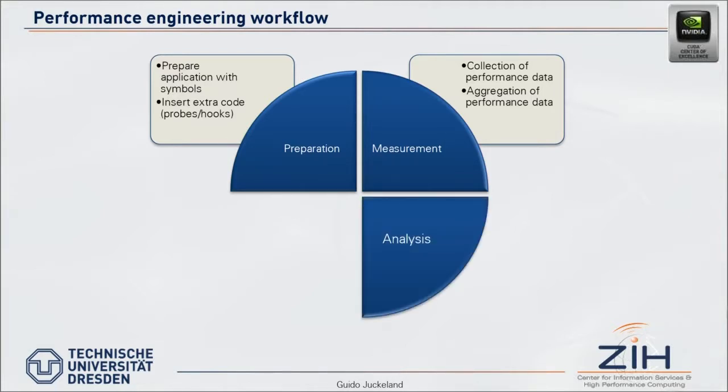Then you do some analysis. This is basically you looking at the data, trying to make sense of it. And so you're looking at some metrics, utilization, you name it. Typically this is very application specific because what's good behavior for your application and what's not can be very different from application to application.